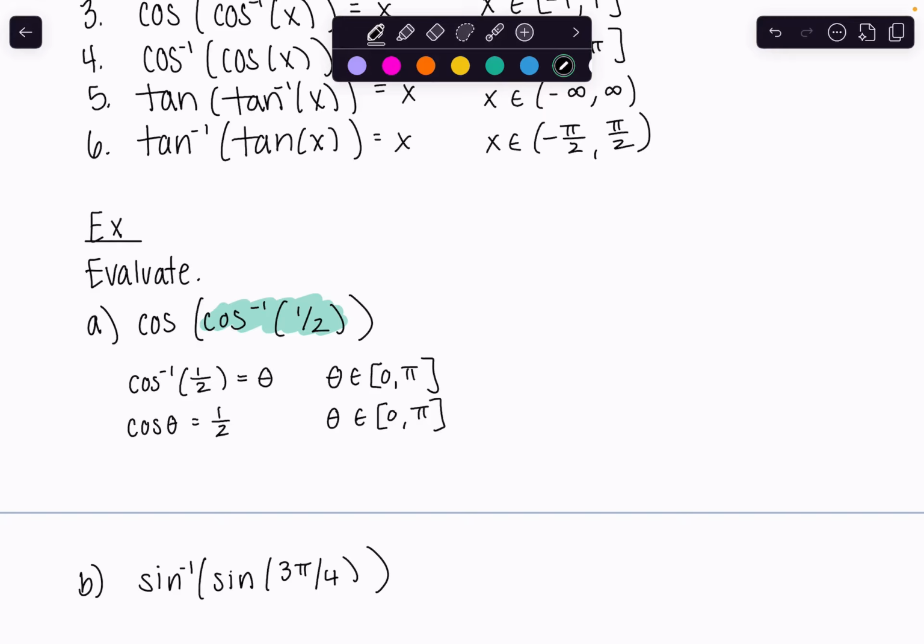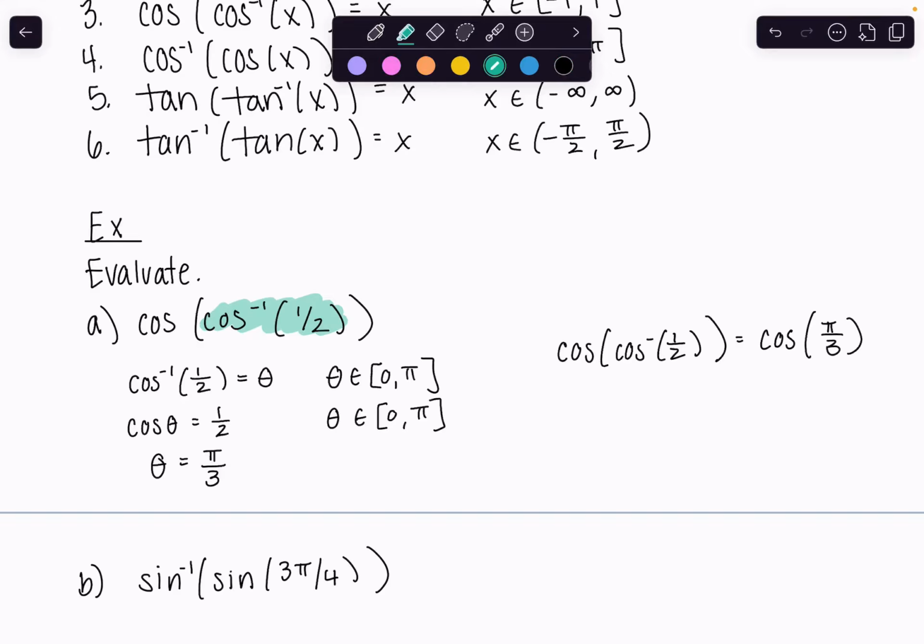Okay. And again, this is where knowing your unit circle is super essential. For cosine of theta to equal 1/2, that tells you it's a 60-degree reference angle. Because it's positive and you're in quadrant 1 or quadrant 2, this theta value is going to be pi over 3. So the inside here is pi over 3. So I'm taking cosine of cosine inverse of 1/2. But we just figured out that that inside is pi over 3.